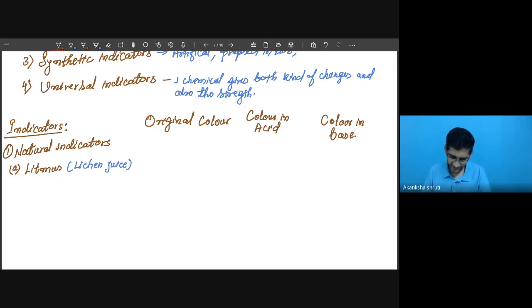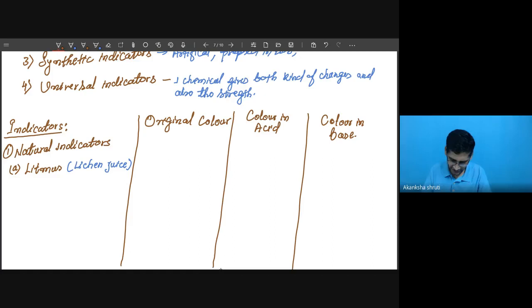Students, so this is our categorization. The very first one is our natural indicator. Its original color we will write. Then how the color changes in acid, then how the color changes in base.